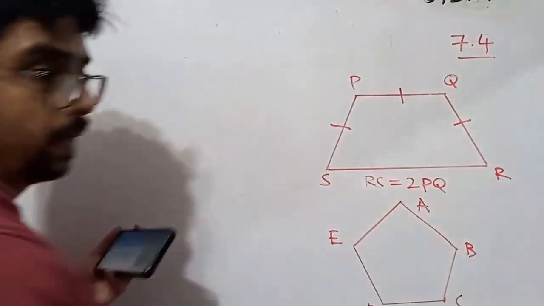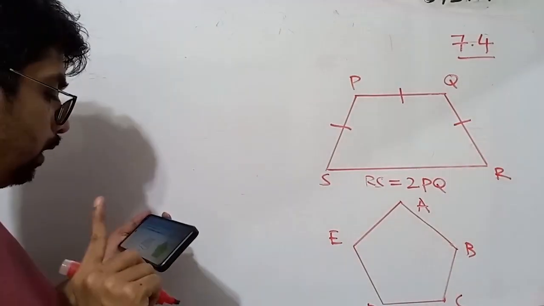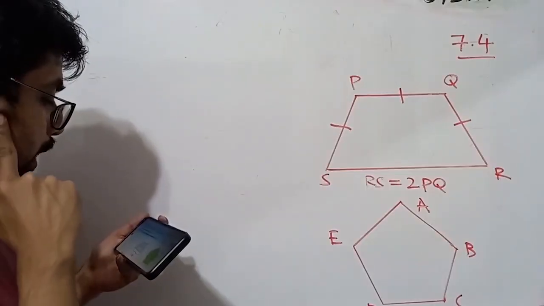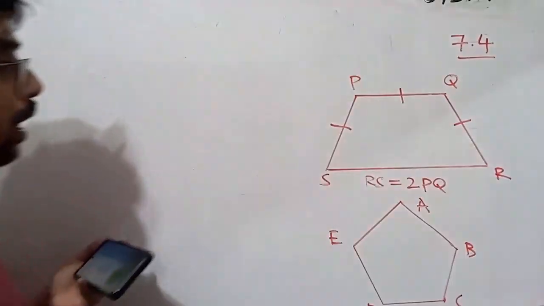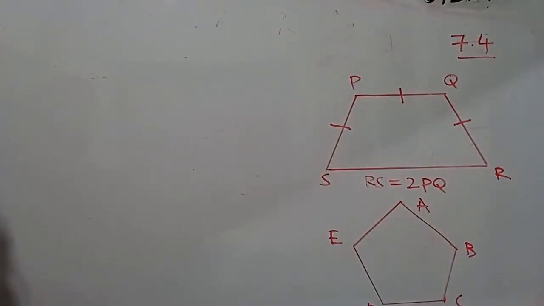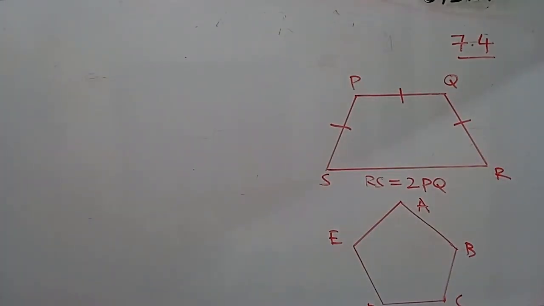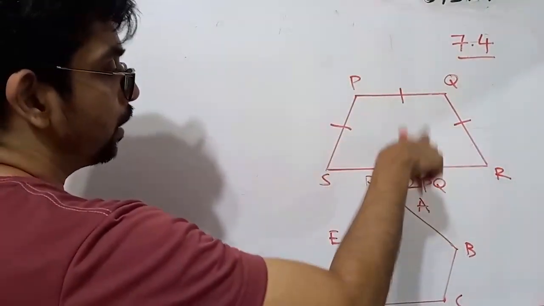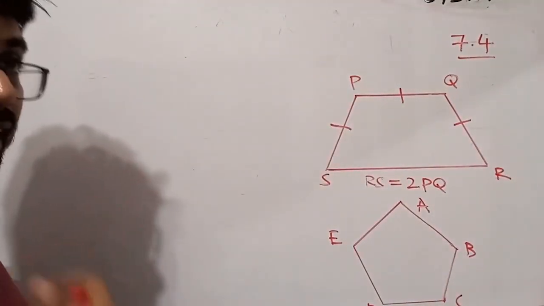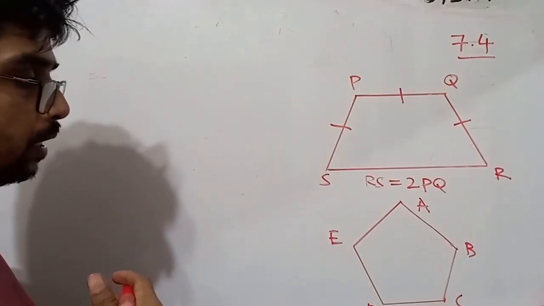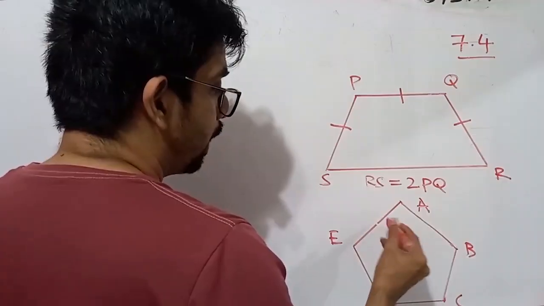Imagine that this is a regular pentagon, so all sides are equal in length. The perimeter of the regular pentagon ABCDE is equal to that of the quadrilateral PQRS. So these two objects, when we consider their perimeters, both are the same. Find the relationship between PQ and AB. You have to read the question carefully. Regular pentagon means all sides are equal in length.